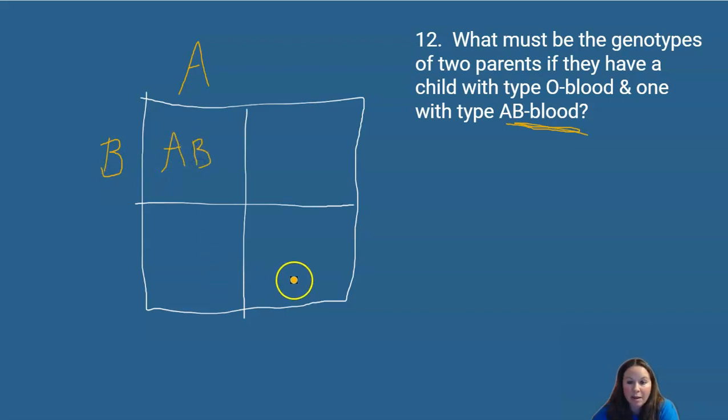But what about having an O child? What must be the other letter for both? If you said O, you were correct. They can also have a 1/4 chance of having a B child and a 1/4 chance of having an A child.